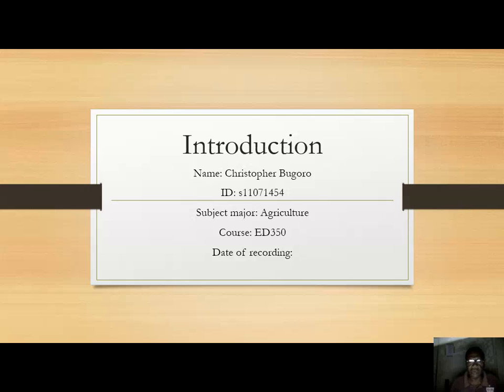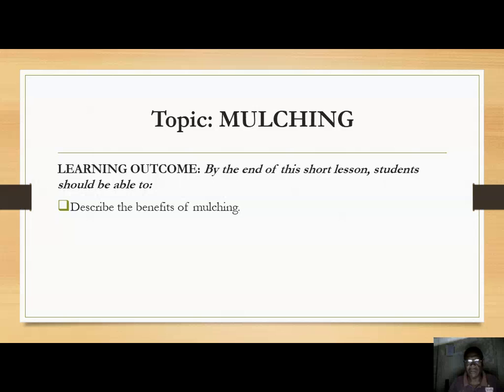And so for today, or for this afternoon, we will be looking at the first method of soil conservation, and that is mulching. Mulching is one of the soil conservation methods, and the main learning outcome is that after this lesson, you should be able to describe the benefits of mulching.